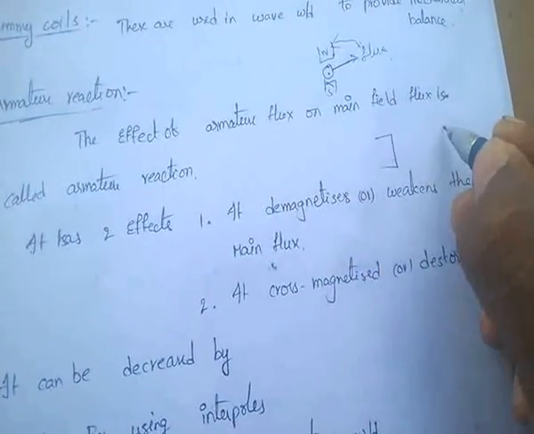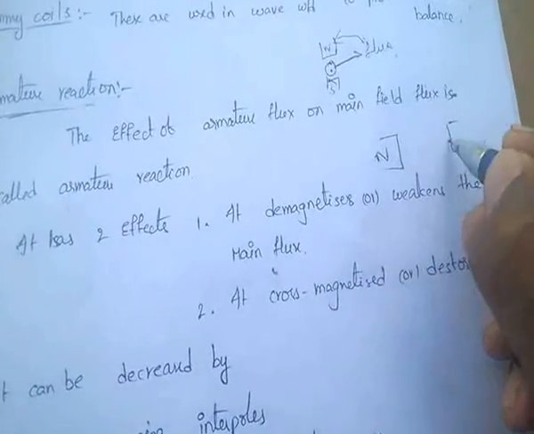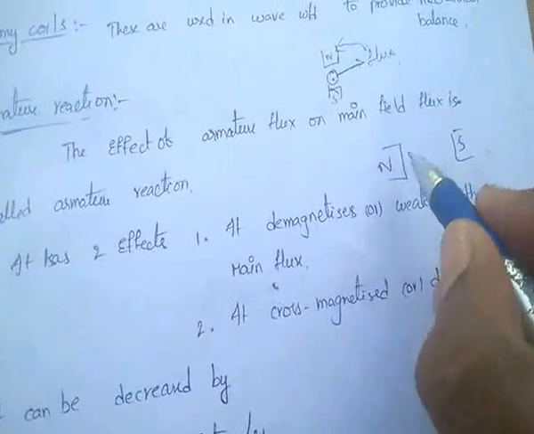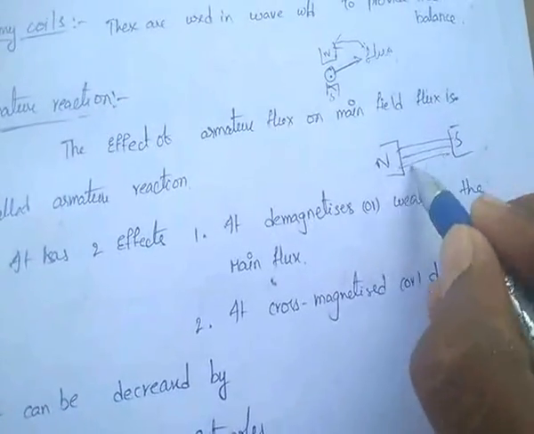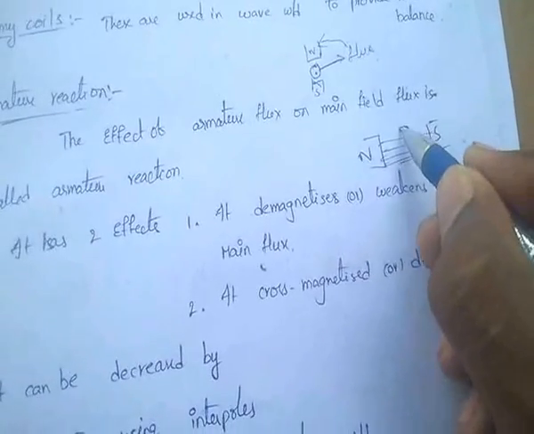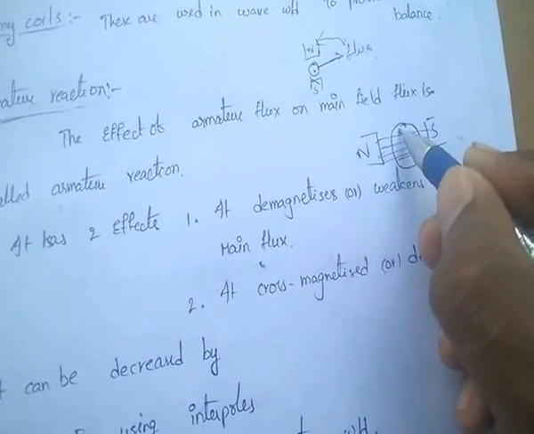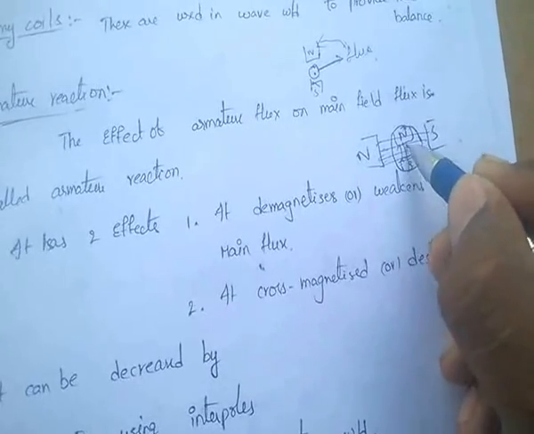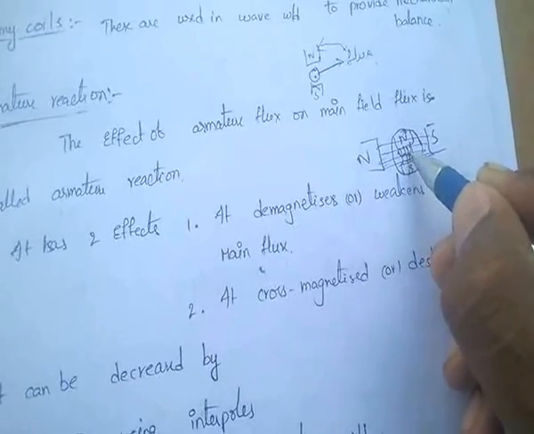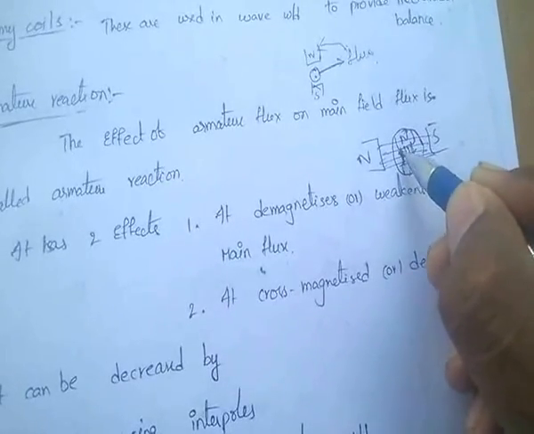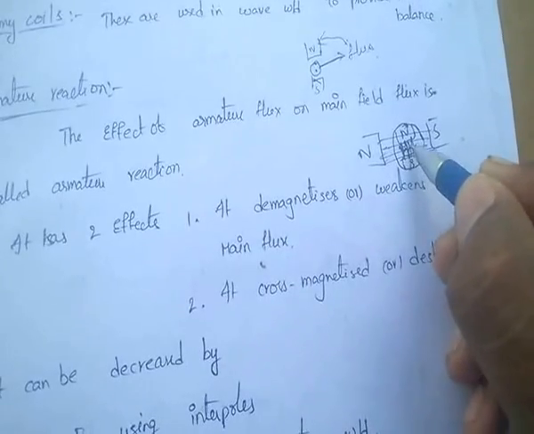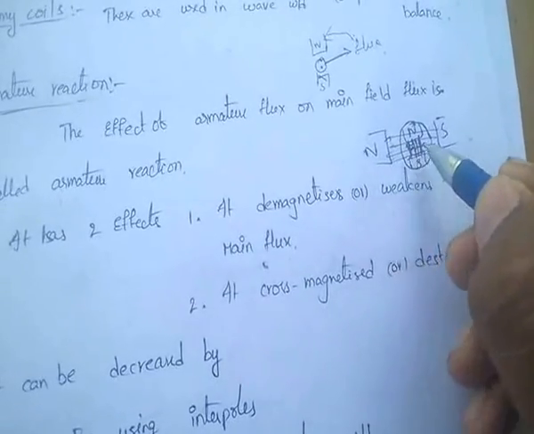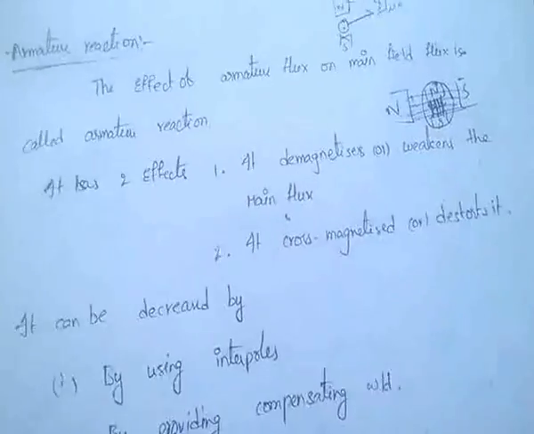Main field means poles. Take these as poles. This is the main field flux. We know that in armatures, here also, there is some magnetic flux. The effect of this armature flux on the main field flux is called armature reaction.